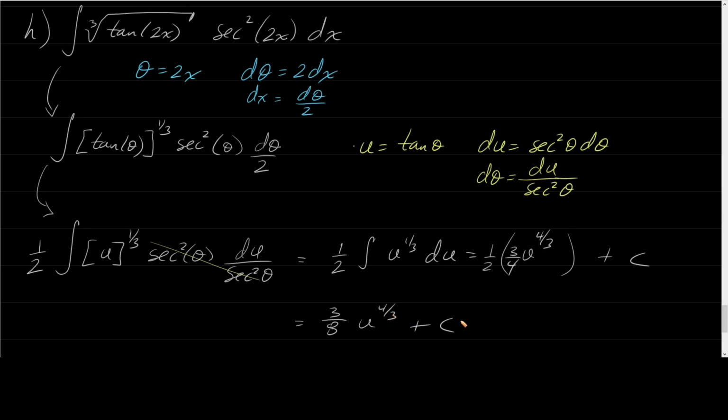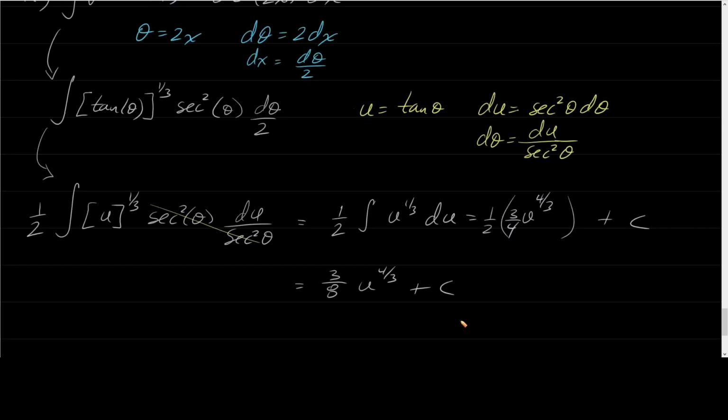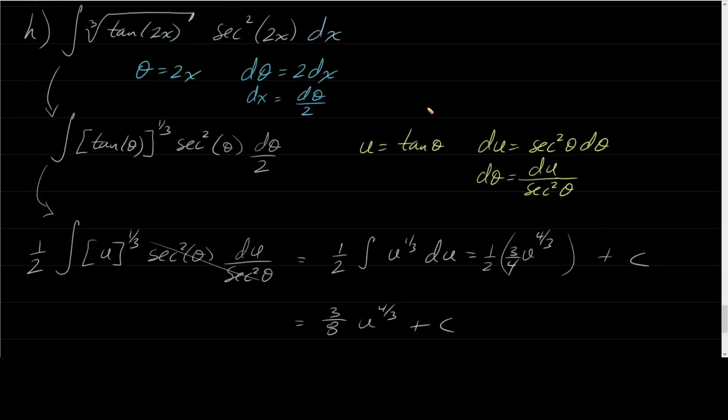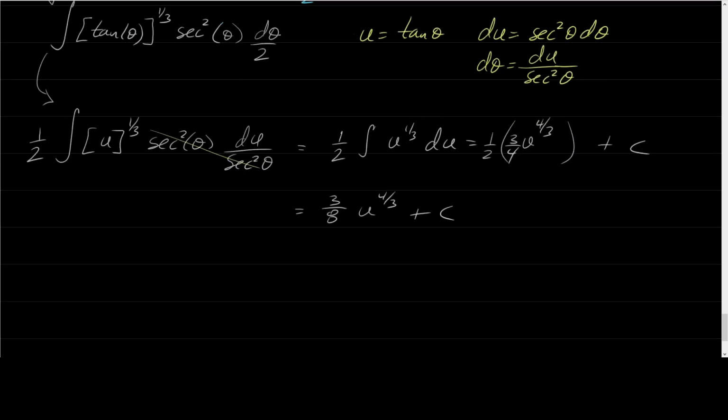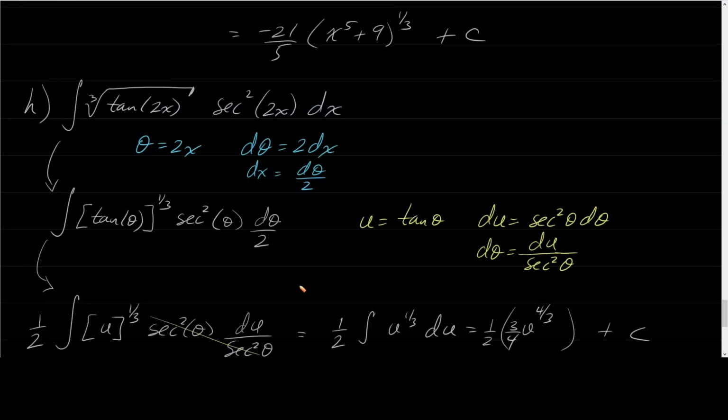But the problem was not about u. Before it was about u, it was about theta, right? Because we used u to get rid of the variable theta. So u was tangent theta. So what we have here really is 3/8 times tan theta to the 4/3 plus c. But again, the problem was not about theta. Before it was about theta, it was originally about x.